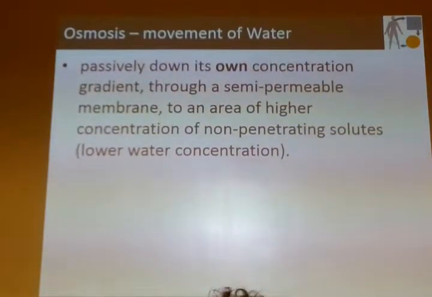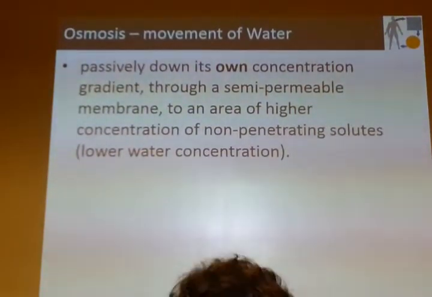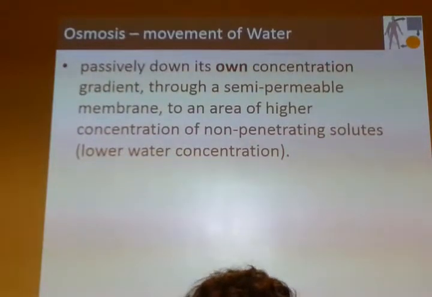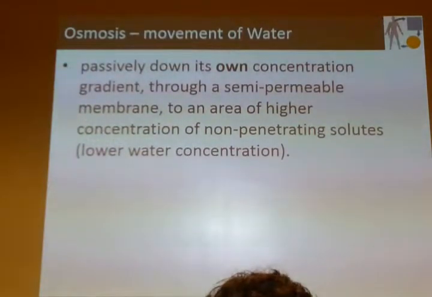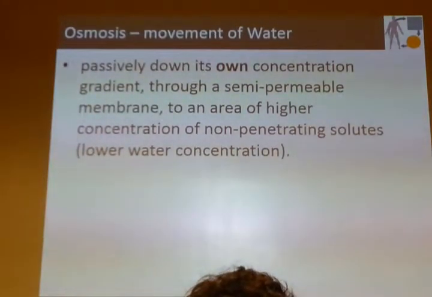What's the first thing that's going to happen to my cell? Water is going out, because you've got 500 particles out here and 300 particles in there. Less solute here, so more water inside than outside.